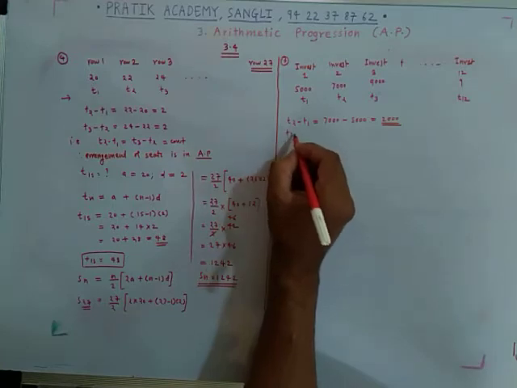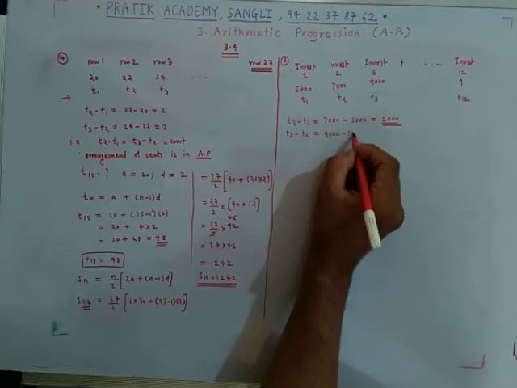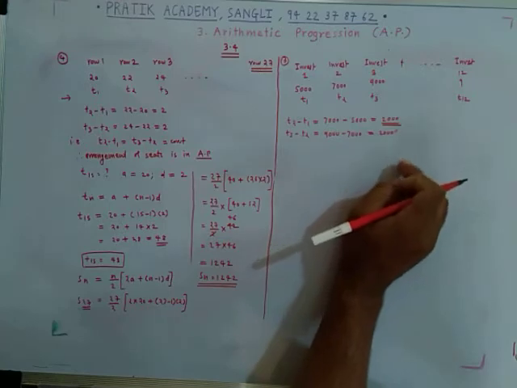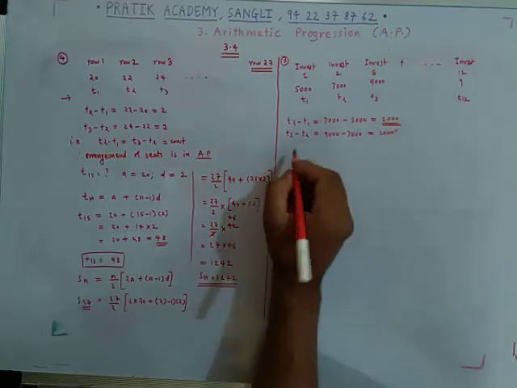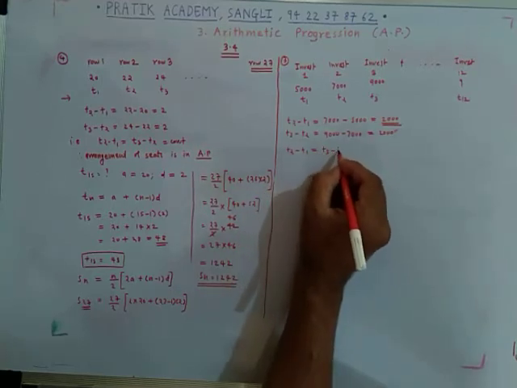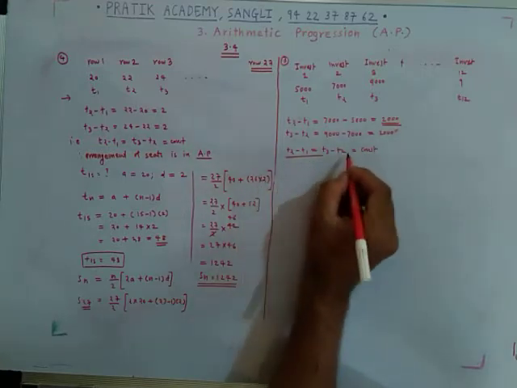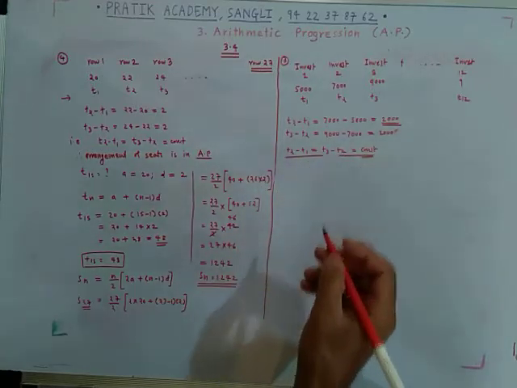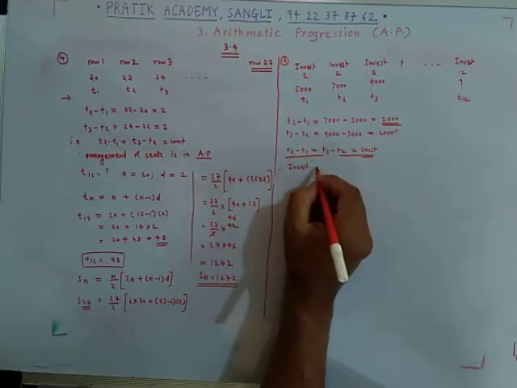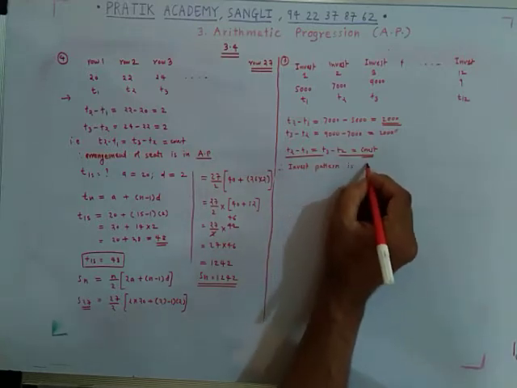Then T3 minus T2 is 9,000 minus 7,000, which is 2,000. From these two we can observe that T2 minus T1 is equal to T3 minus T2. This difference is constant, so we can say that the investment pattern is in AP.